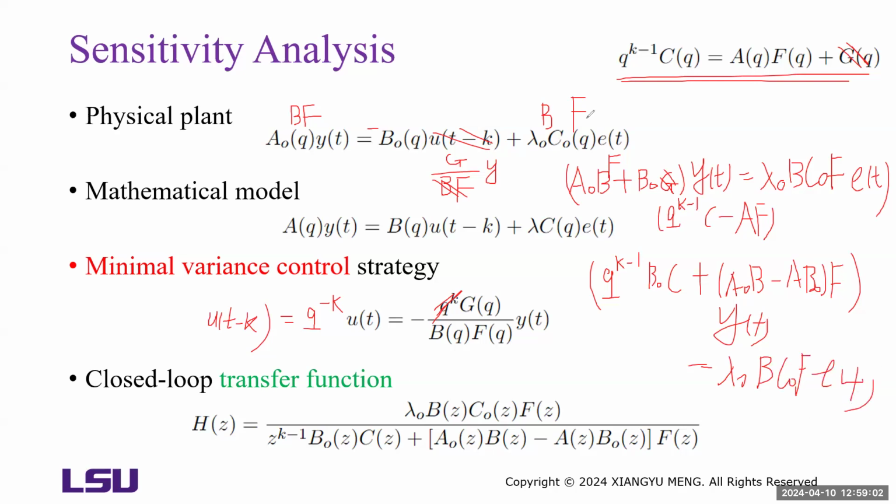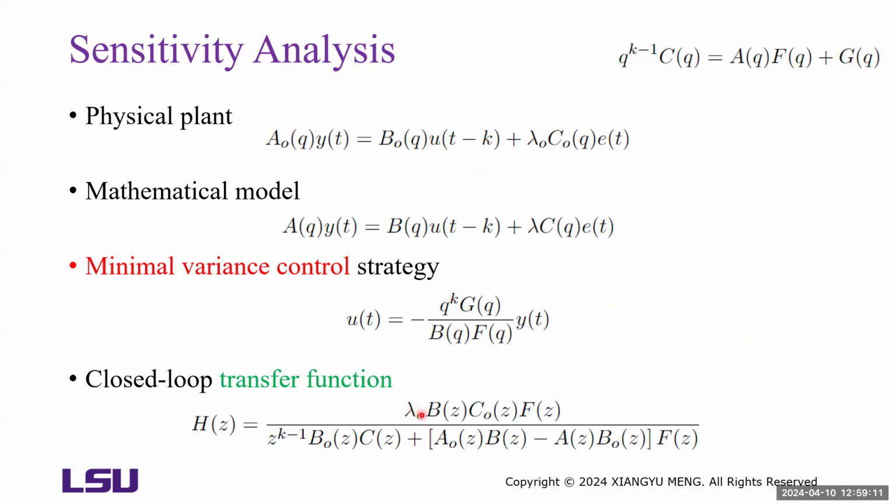Then we have the closed loop transfer function. This would be lambda naught B, where B is from the mathematical model, C naught is from the physical plant, and F is from the controller design, calculated based on the mathematical model.